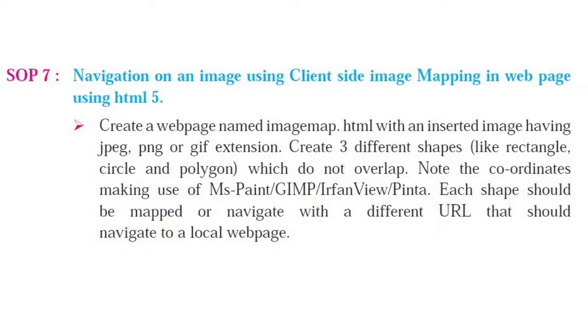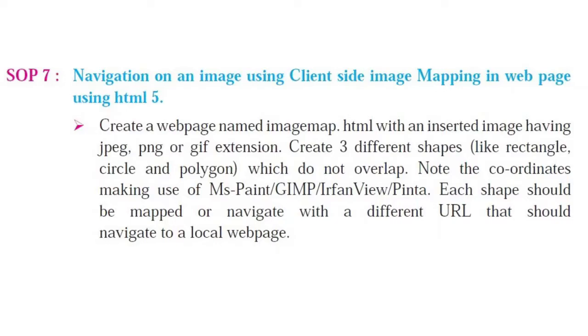Create three different shapes like rectangle, circle and polygon which do not overlap. Note the coordinates making use of MS Paint, GIMP or Irfan View or Pinta. Each shape should be mapped or navigated with a different URL that should be navigated to a local web page.